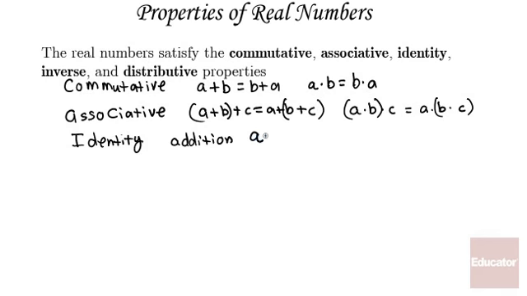So a plus 0 is still a. So the identity of the number doesn't change just because you add 0 to it. For multiplication, the product of any number and 1 is the original number. So that's the identity property under multiplication. So a times 1 is still the original number a.